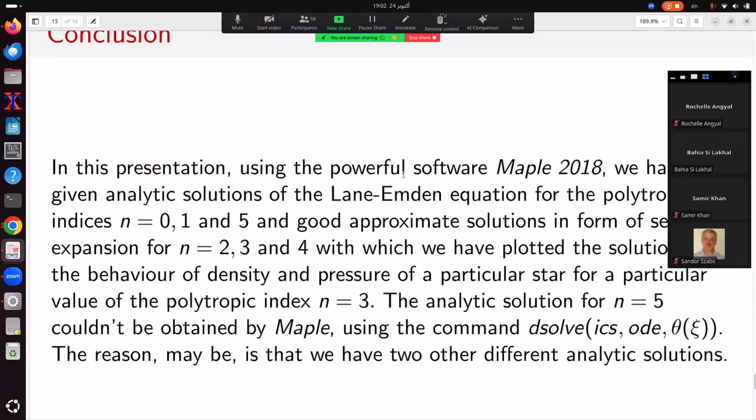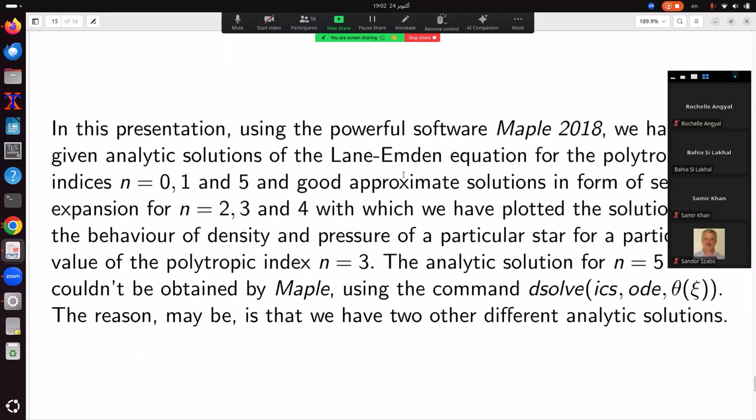The analytic solution for n equal 5 couldn't be obtained by Maple 2018 using the command dsolve. The reason, I think, maybe is that we have two other different analytic solutions. So for this reason, the program was looking for a solution, but without giving it. So thank you for your attention.